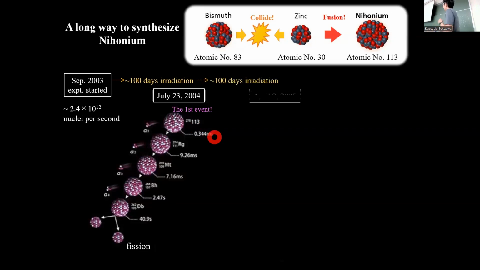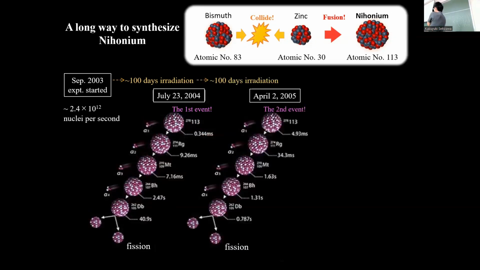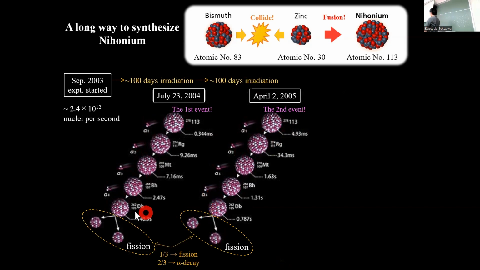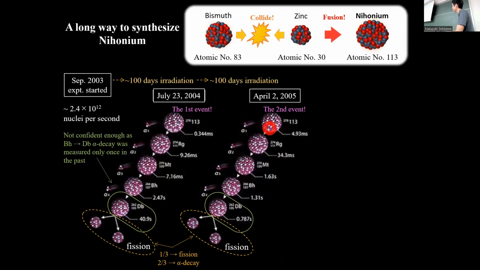But okay, so after they continued the experiment, and after 100 days of irradiation, they got a second event, which is a similar decay. However, this one undergoes fission, and these fission modes are rare, minor events, and this was not enough to show the formation of nihonium.